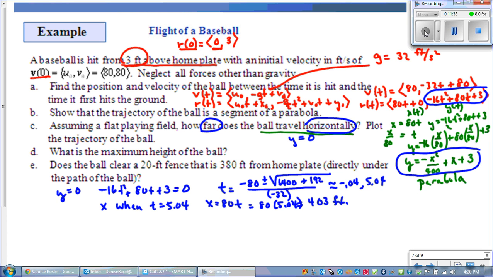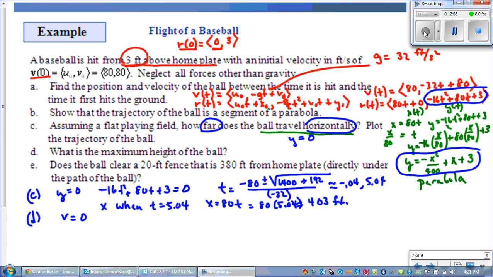We want the maximum height of the ball now. Well, the maximum height will be the largest y value. You can get that by taking that parabola's equation and determining what the highest point will be. Another way to do it, using the fact that we're doing the velocity and the position separately here, is to find out when the velocity is actually 0.